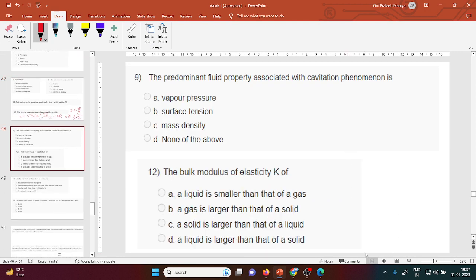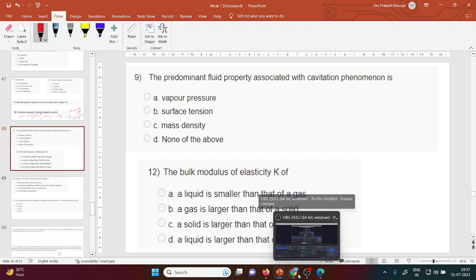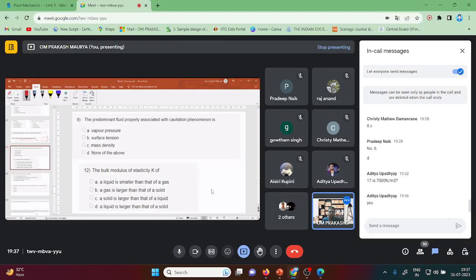Question number 9 and 12. Question number 9 is about the predominant fluid property associated with cavitation phenomena: vapor pressure, surface tension, mass density, and none of the above. And for question number 12, the bulk modulus of elasticity K of a liquid is smaller than that of gas.